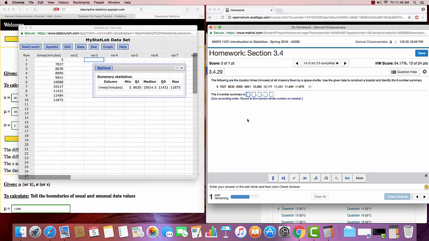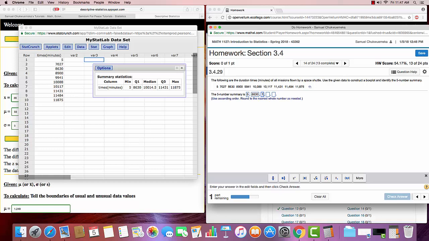So this gives us 8630. They say use ascending order, round to the nearest whole number as needed. The value of the median is not a whole number, so we will round it to the nearest whole number.